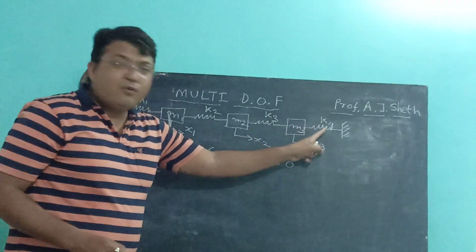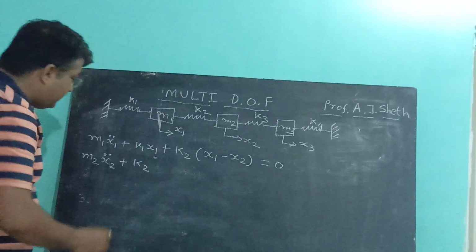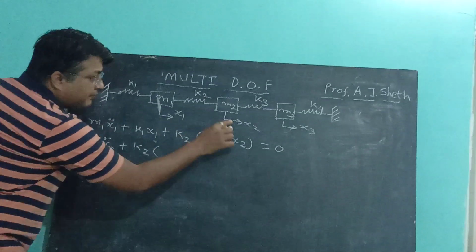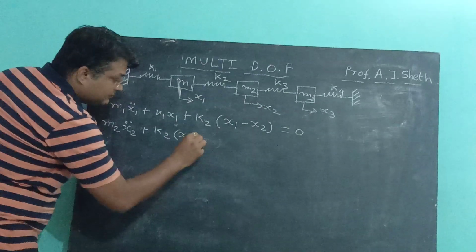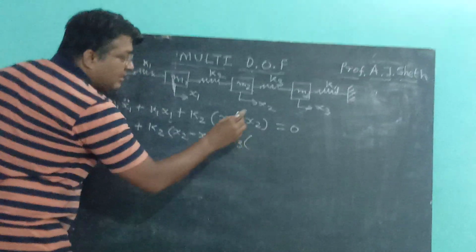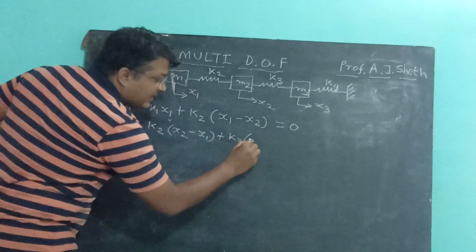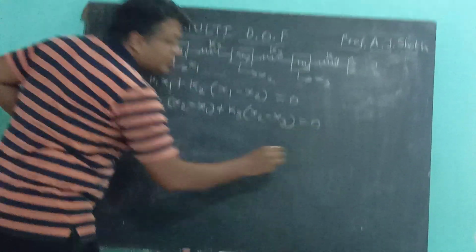So here K2 (x2 minus x1) plus K3 (x2 minus x3) is equal to 0.